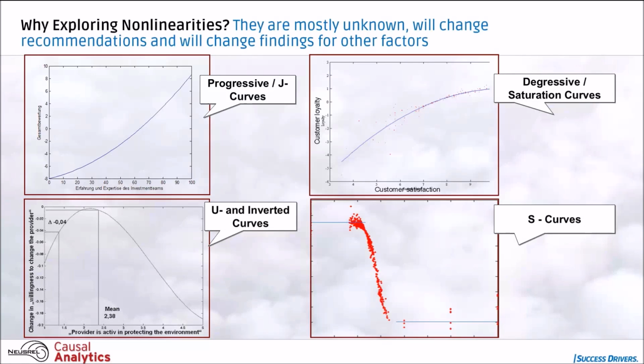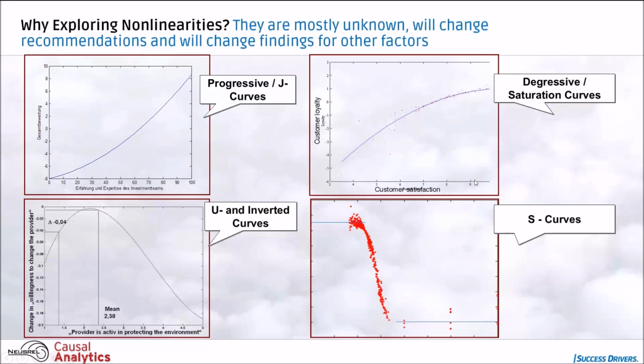You could even draw a sinus curve there, which is a nonlinearity, or the most basic nonlinearities you see here, which is a progressive or J-curve, a hockey stick curve, digressive or saturation curve, a U or inverted U curve, or S-type curve.